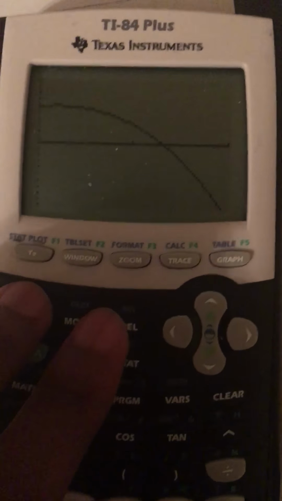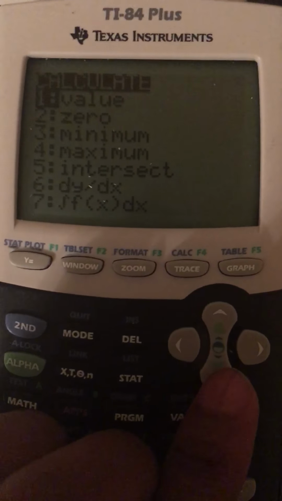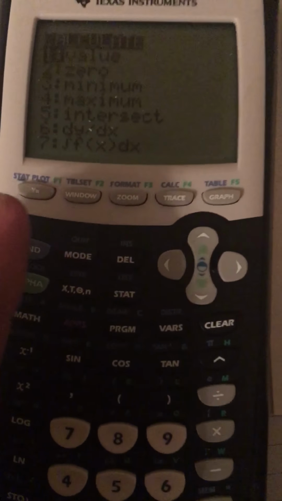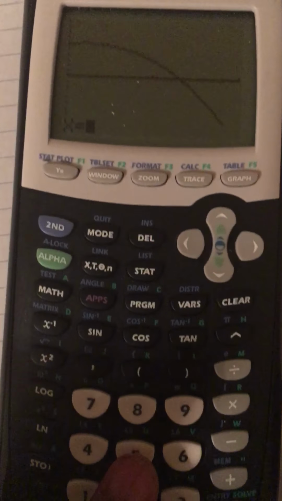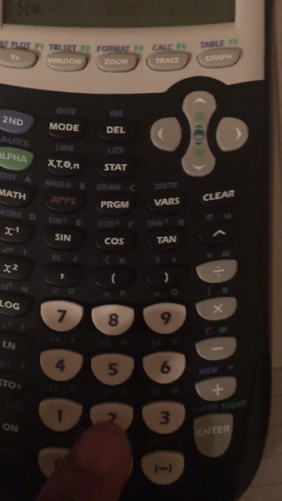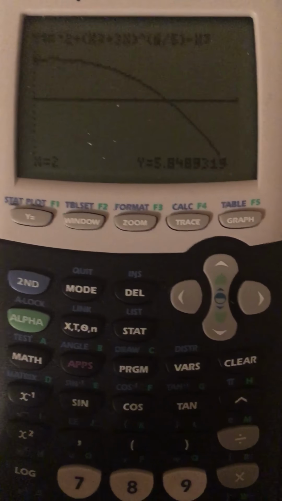Now, of course, we're going to hit second calc, then value, and hit enter. For x, we're going to put 2. Of course, that's not the right answer.